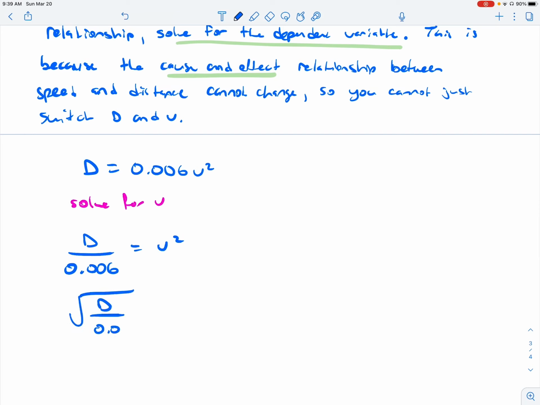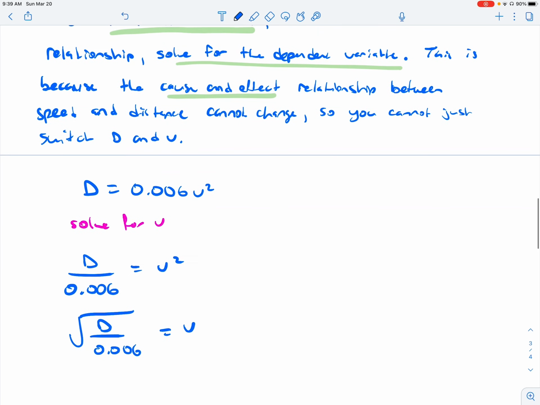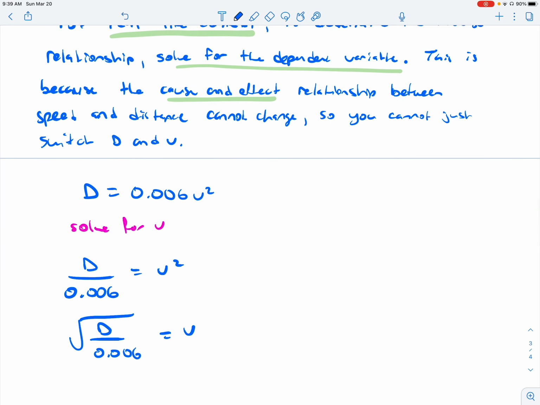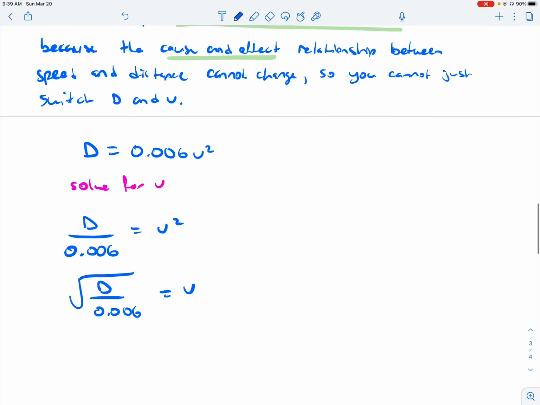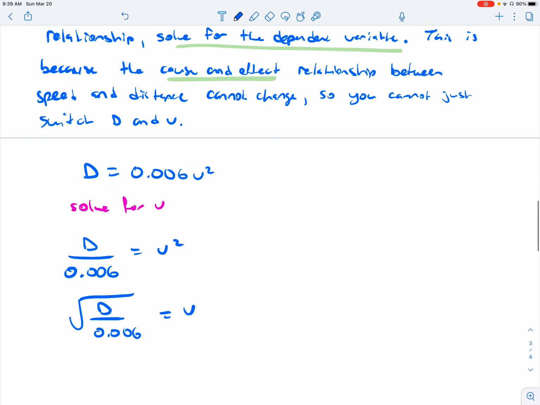So we'd have v equals the square root of d over 0.006. Because we don't want any negative values for speed, we just keep the positive value. We don't need the plus or minus, because it's a real life context for this question. So that would be our inverse equation.